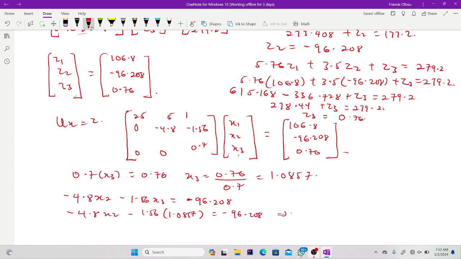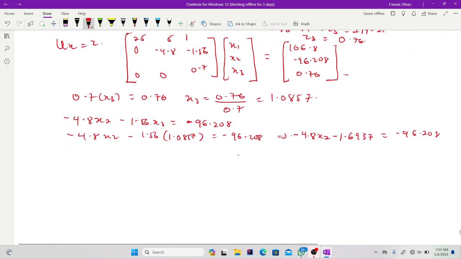So this expression will give me negative 4.8 x2. What is this? Negative 1.56 times 1.0857. So minus 1.6937. Okay, is equal to negative 96.208.